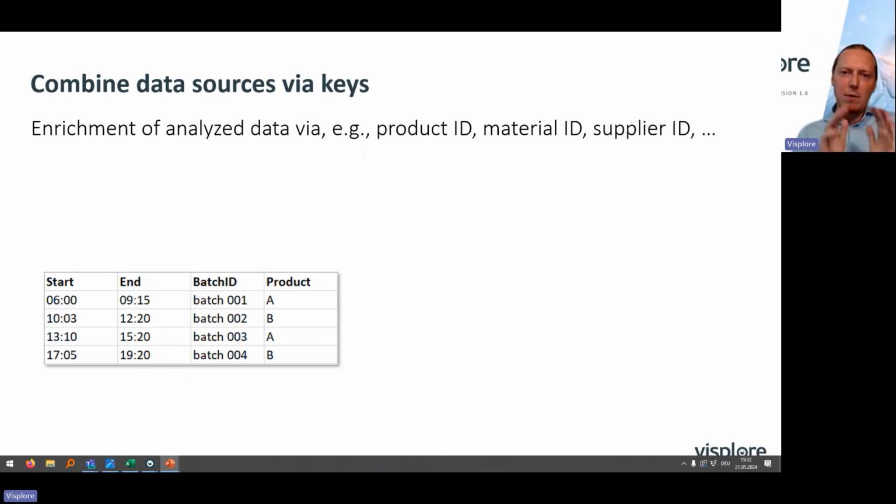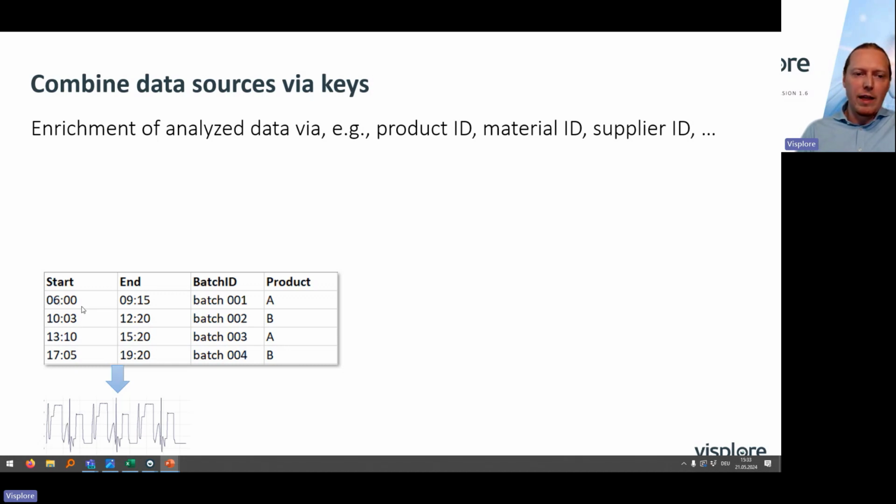I want to describe another new feature we have regarding data integration, which is, it is now possible to combine multiple data sources via keys, okay, relational keys, which is a common way to enrich the analysis by some extra data. So for example, let's say we start out with process data from a batch manufacturing, like here. And we have already given the batch timings as something like exported event frames.